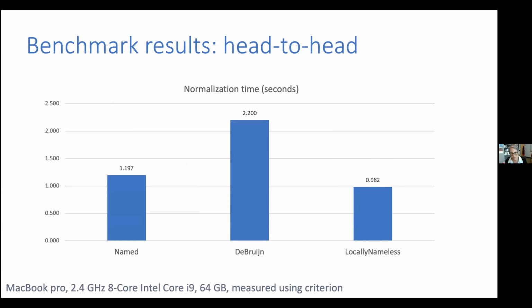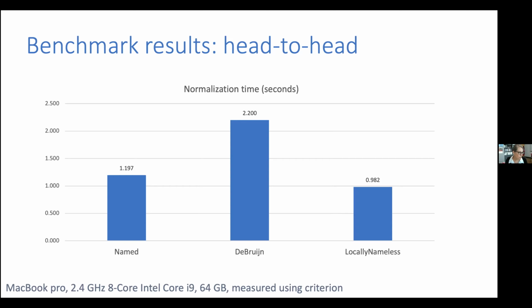They're different from each other: the de Bruijn indices version was twice as slow as the other two, but they're in the same ballpark. They do different kinds of bookkeeping, but they all have to do bookkeeping. With this big term and these 120 or so thousand substitutions for its full normalization, it took about 2 seconds in the worst case.